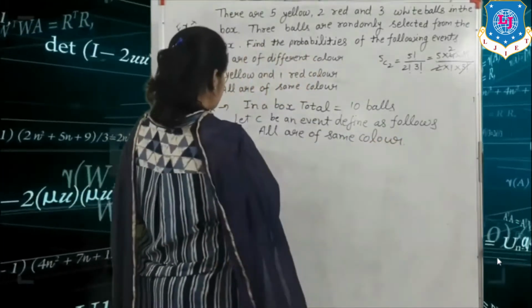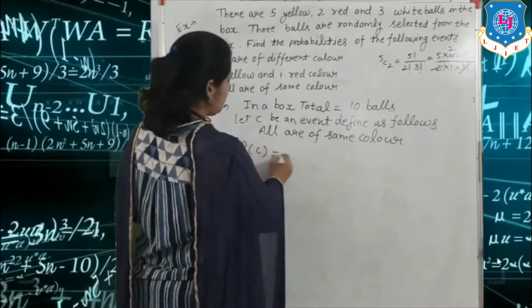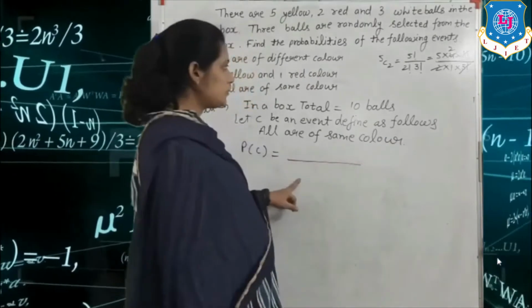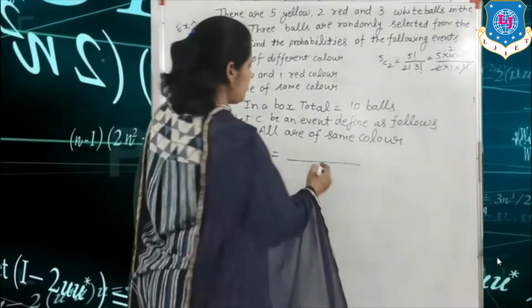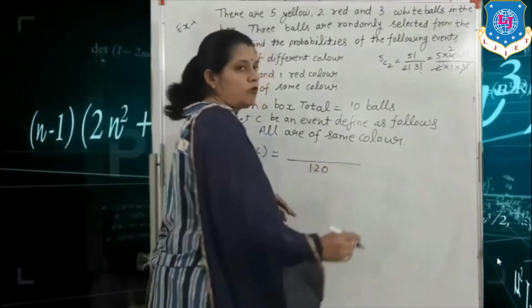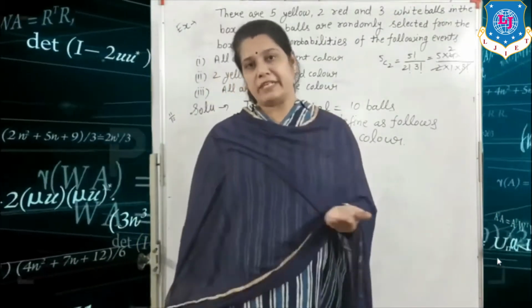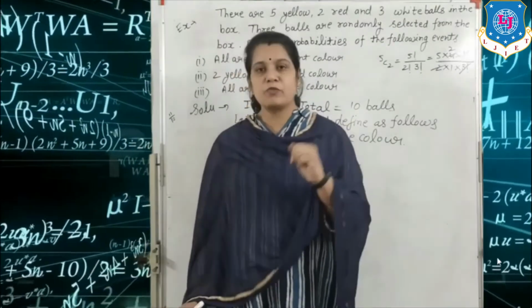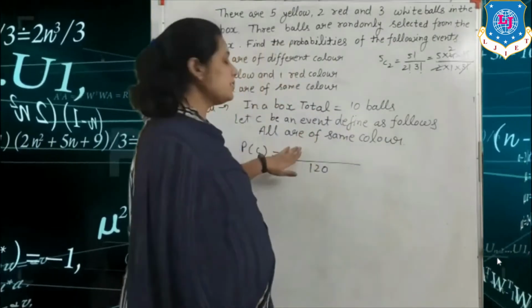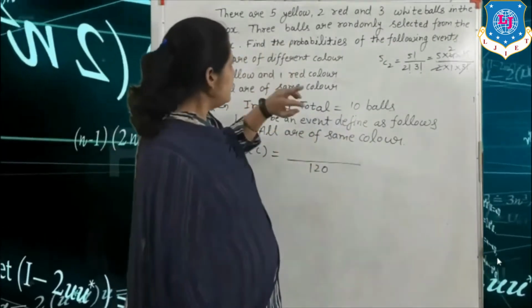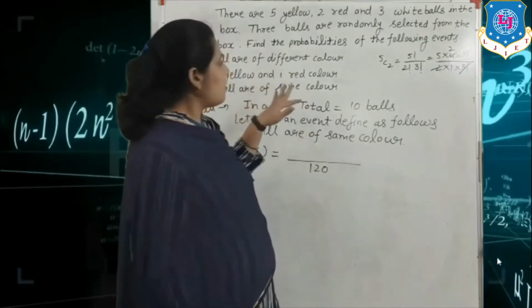That means the probability of C is equal to what? In the denominator we write the total possible outcomes or total exhaustive events, so the total exhaustive events is 120. But in the numerator we find all are of same color.